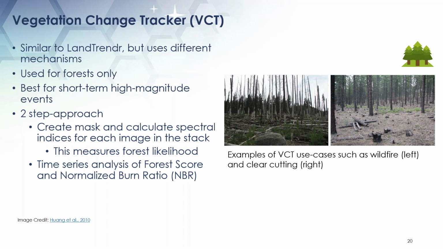It has a two-step approach where each image in a Landsat stack is analyzed and the clouds and other issues are masked out. Then it uses the normalized burn ratio that we mentioned to create an integrated forest score, or likelihood of the pixel being a forest. So again, this type of algorithm may be really useful for something like wildfires.